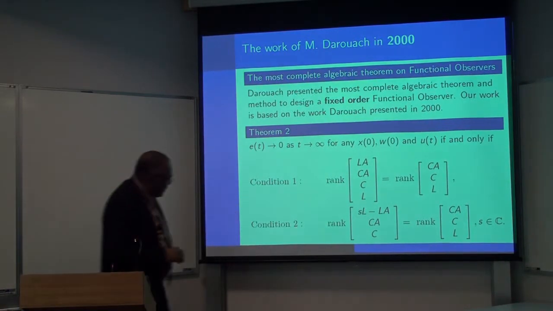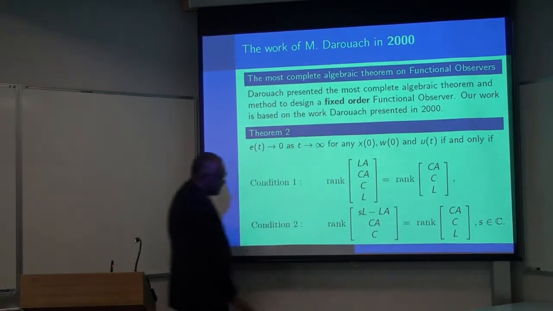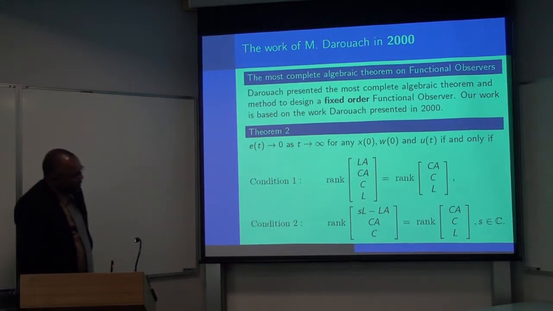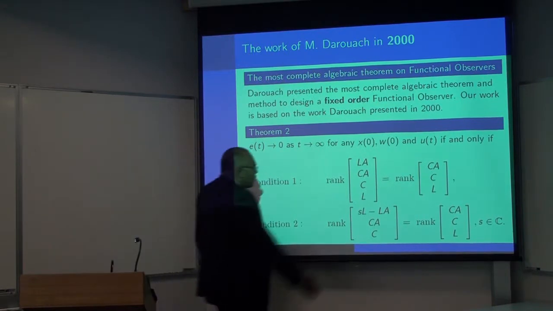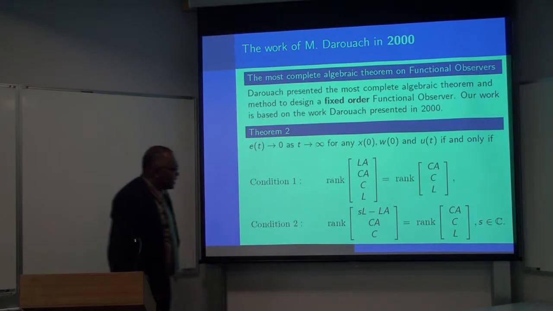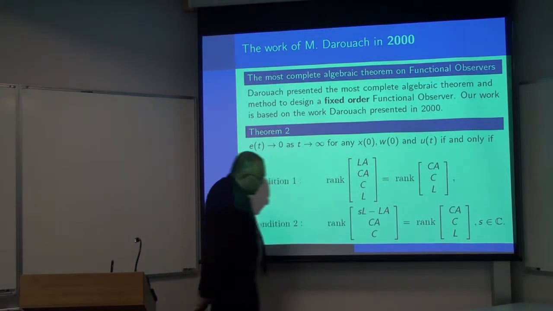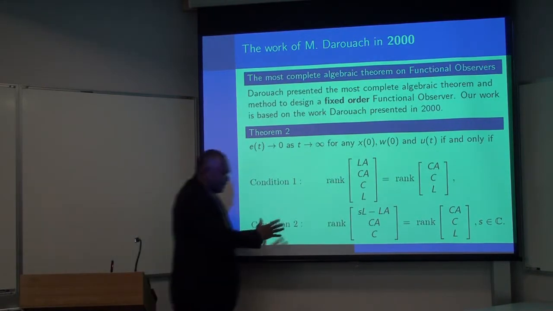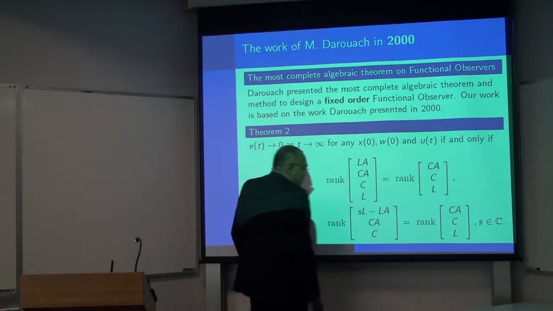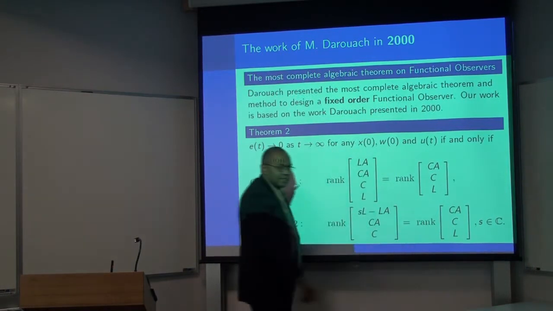And how can we violate or not satisfy this condition here? Now, assume that we've already satisfied condition 1. Then we also want to satisfy this condition here. When this condition is not satisfied, the rank on the left-hand side is going to be less than the rank on the right-hand side.